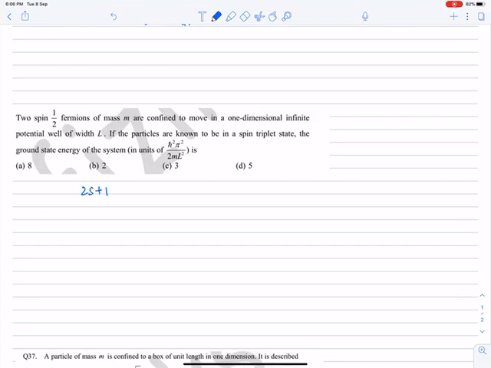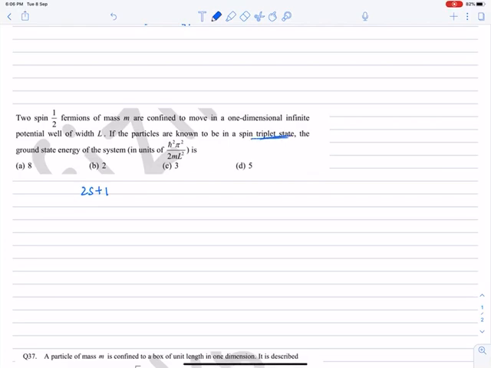But now there is another concept. In those questions we were not given any state of the electrons, whether singlet, doublet or triplet. But in this question it is asking for spin triplet state.